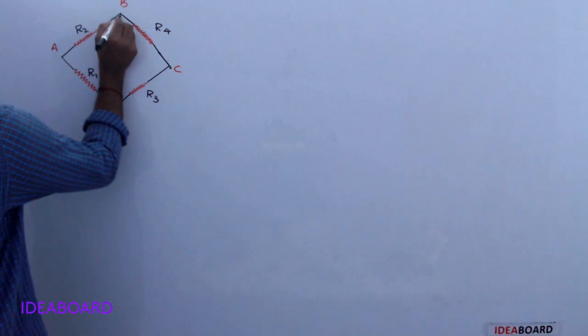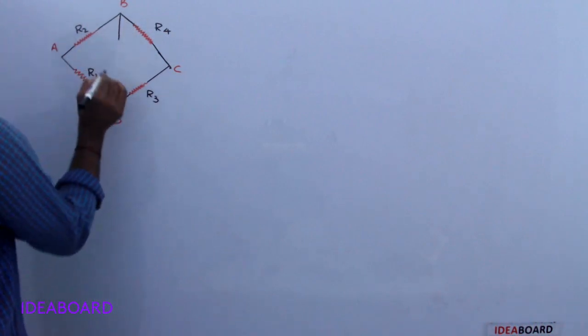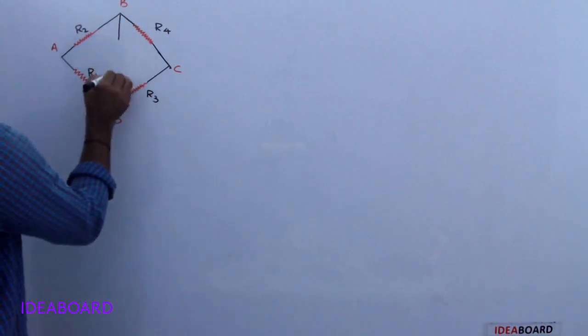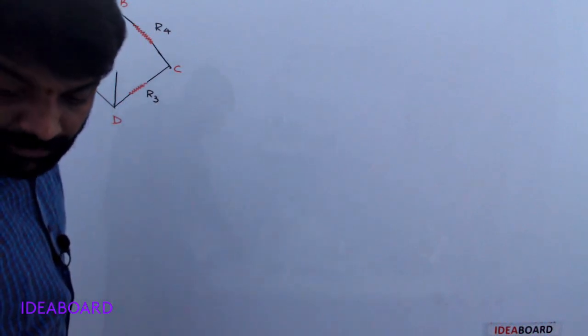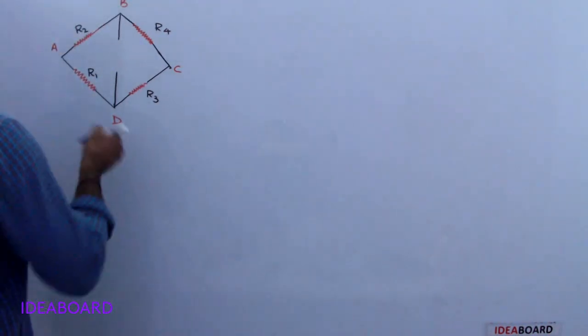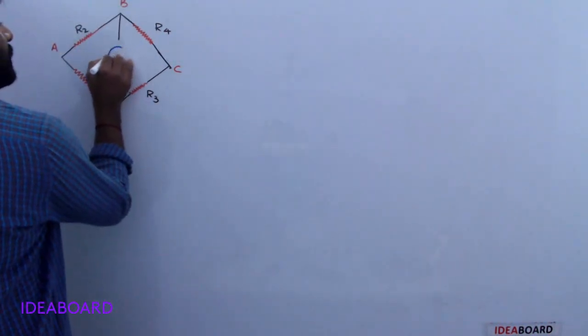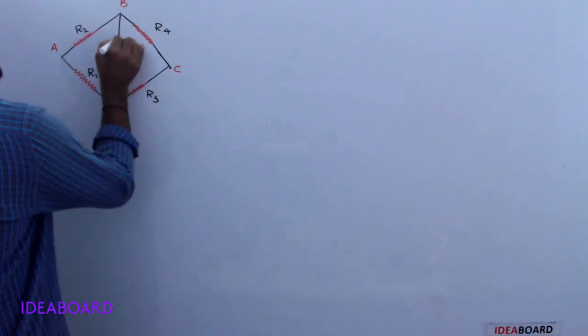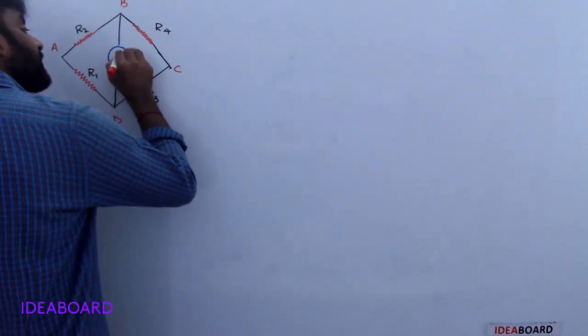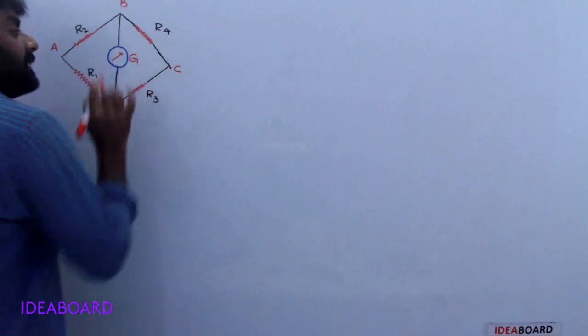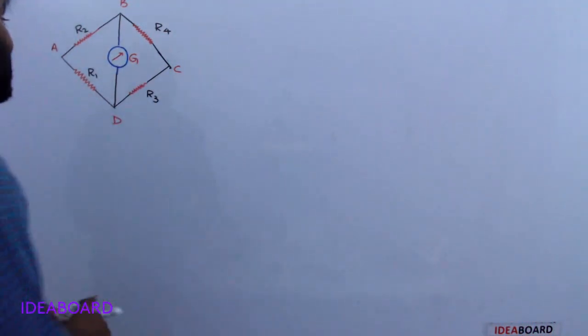One galvanometer is connected along one diagonal, between the opposite corners B and D. Here G is the galvanometer resistance.